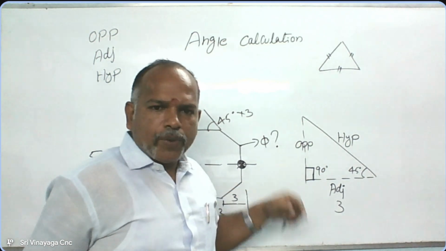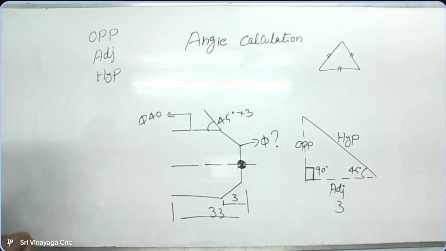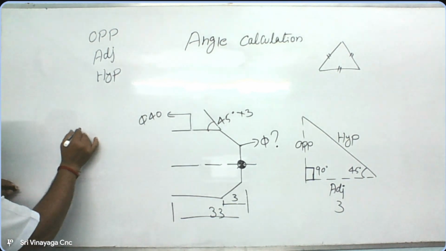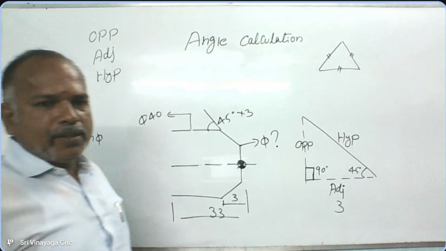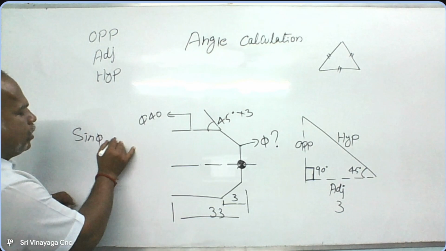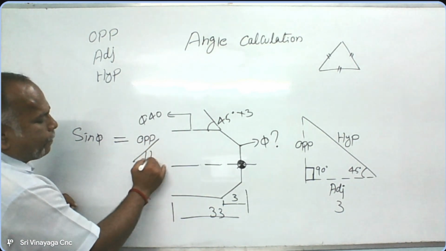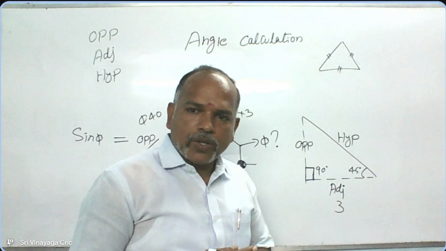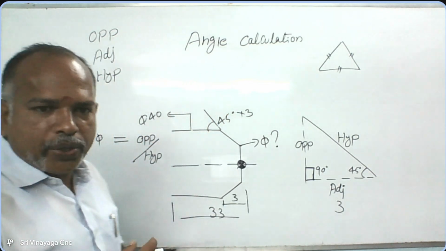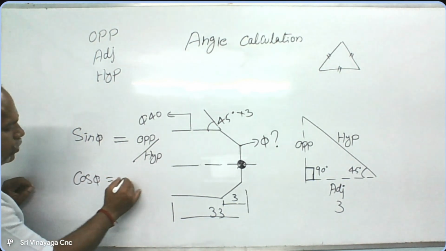To find this opposite side, sin theta equals opposite by hypotenuse.